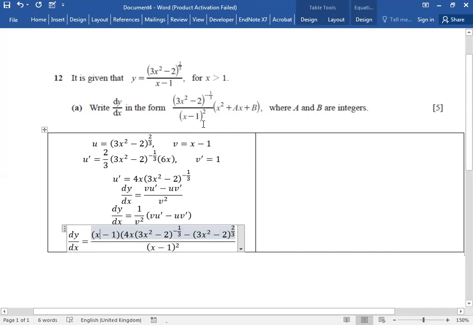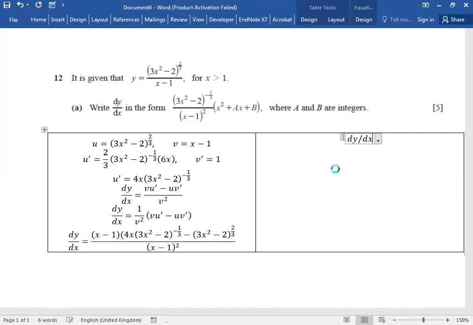The denominator, you need x minus 1 whole square, so you do not need to simplify the denominator. In the numerator, you need 3x square minus 2 to the power negative 1 upon 3 as a common function. Is that right? So if I write dy upon dx, I'll write it as x minus 1 whole square in the denominator. I'll simplify it.